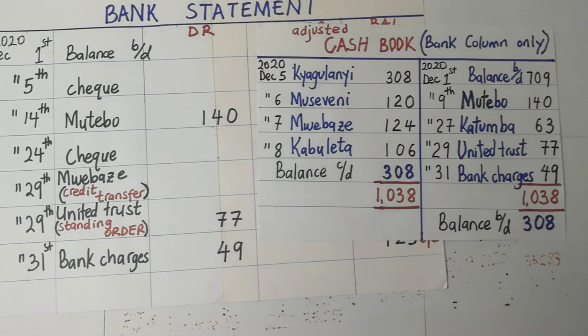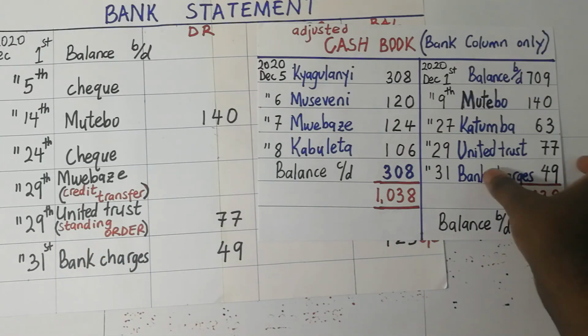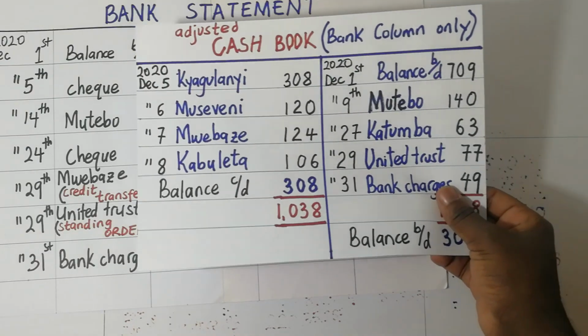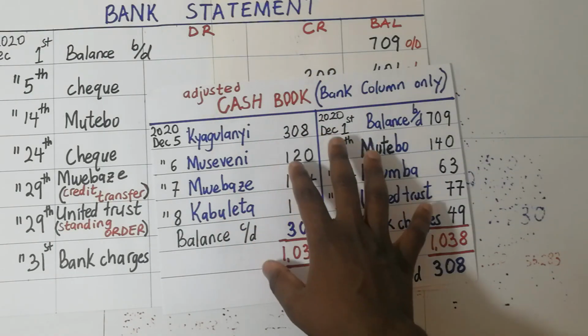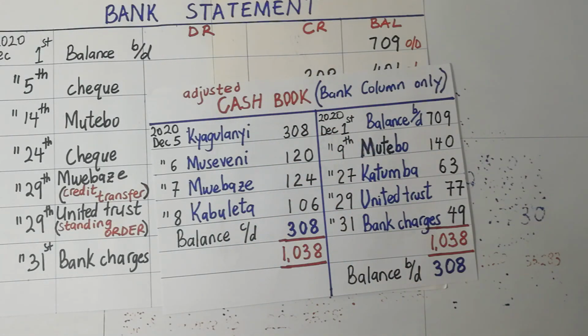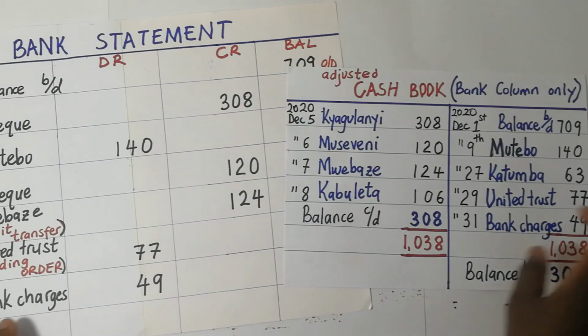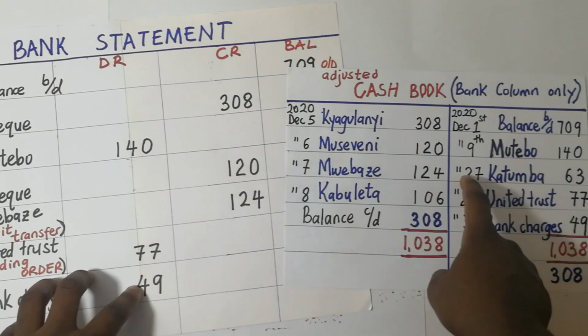Now, for purposes of this illustration, this cash book is already adjusted. That's why we've written it as adjusted cash book. Like I had earlier pointed out in our earlier sessions, the process of bank reconciliation begins with us comparing what is here that is not here.